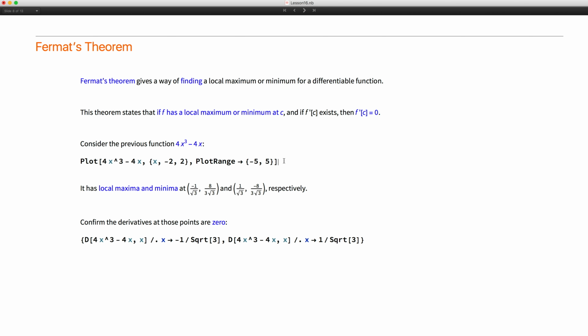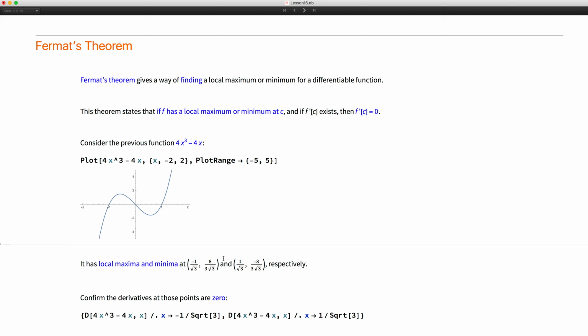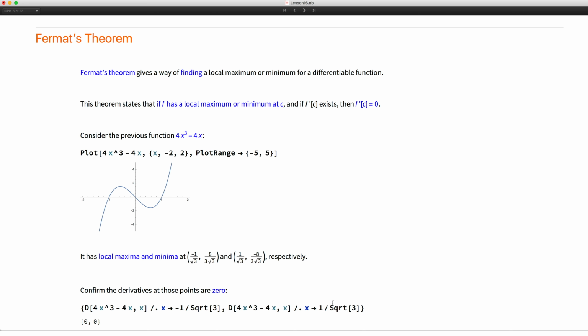So for example, if you look at the earlier function, the claim is that it's got local maxima and minima over here and there, and you can check that with the derivatives at those points. They're both 0, so Fermat's theorem says that that's the condition to be satisfied for local maxima and minima.